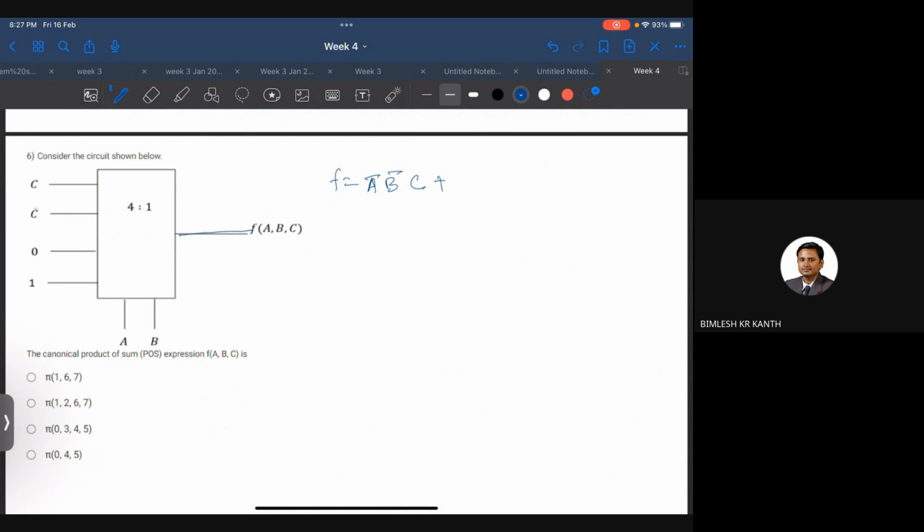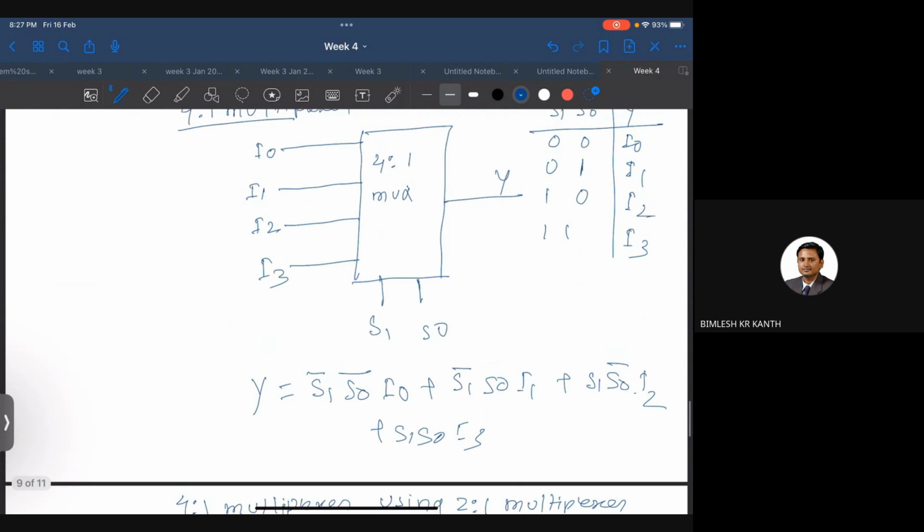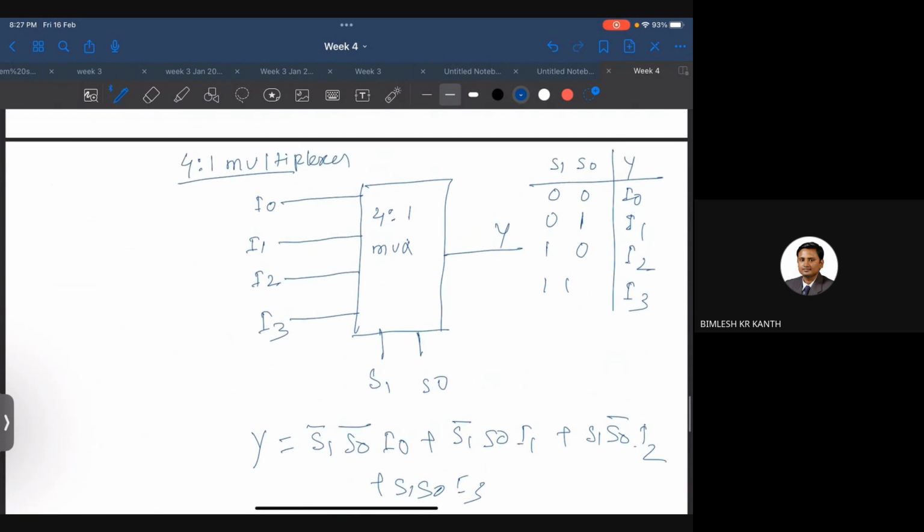So that 4 cross 1 multiplexer. See, if you see the 4 cross 1 multiplexer, this is S1 and this is S0. So when it's 0, 0, I0 is selected, right? And when it's 0, 1, I1 is selected, correct?